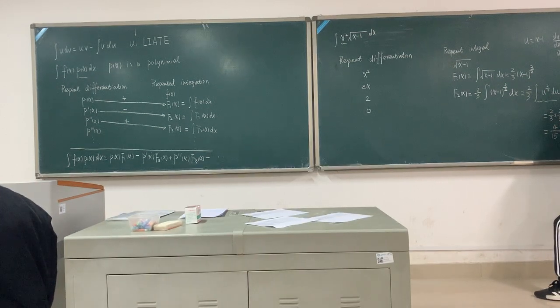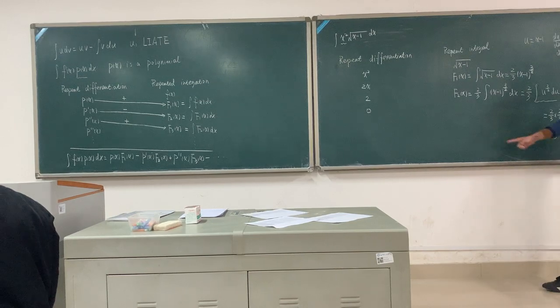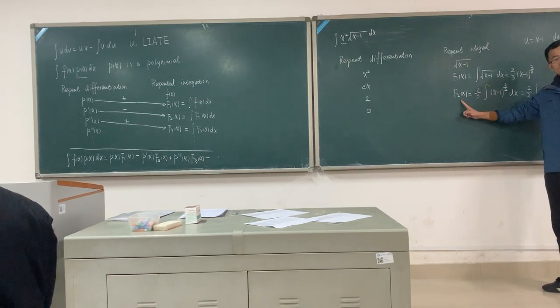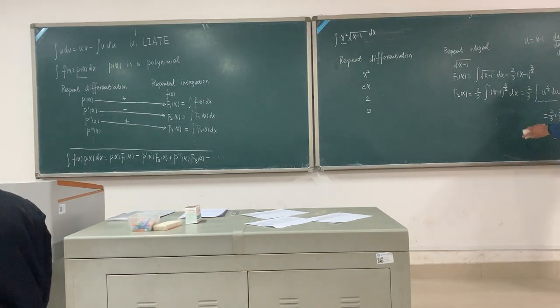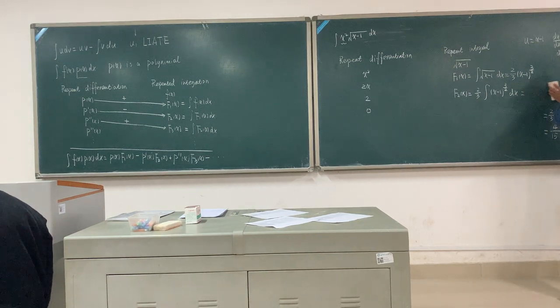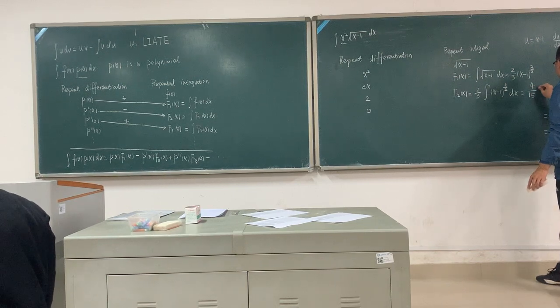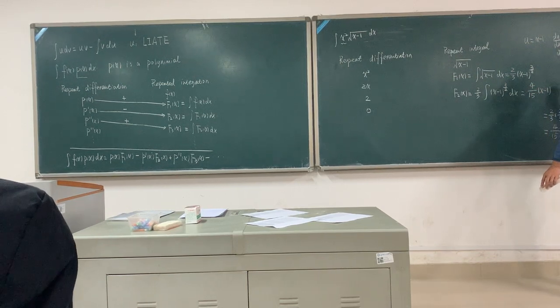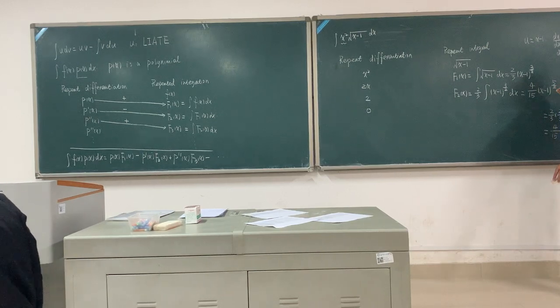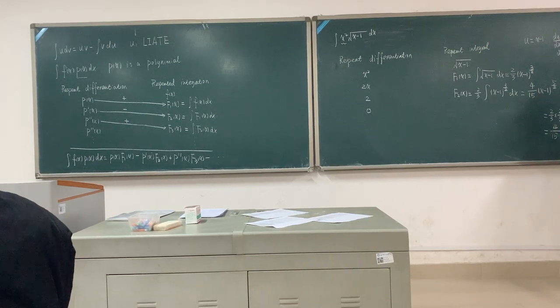So the second function, capital F2, is 4/15 times (x minus 1) to the 5/2 power. So this is capital F2.